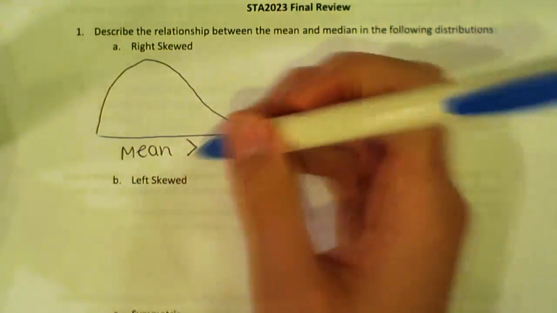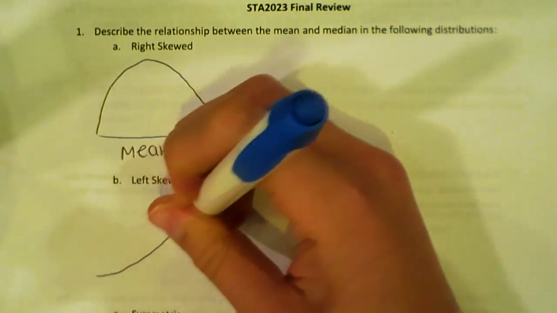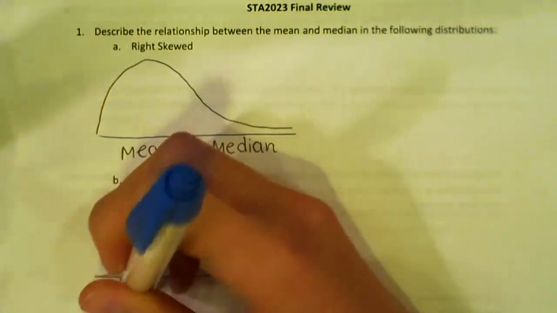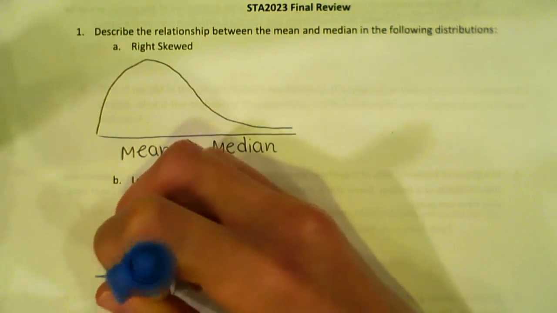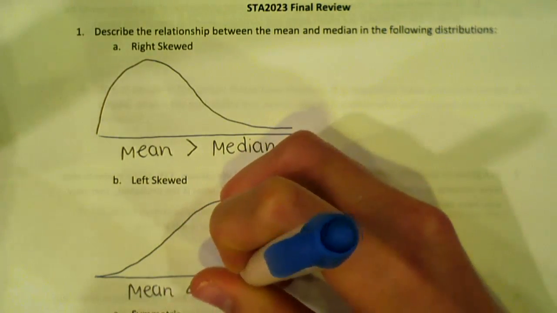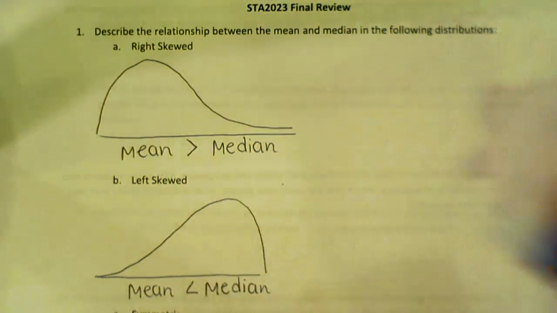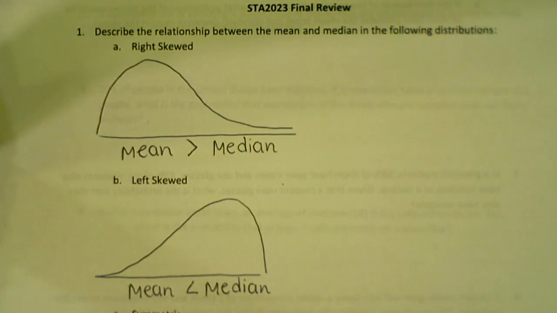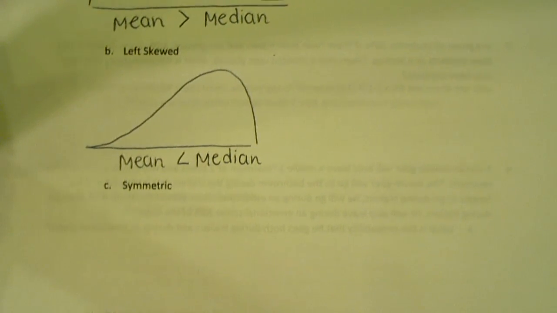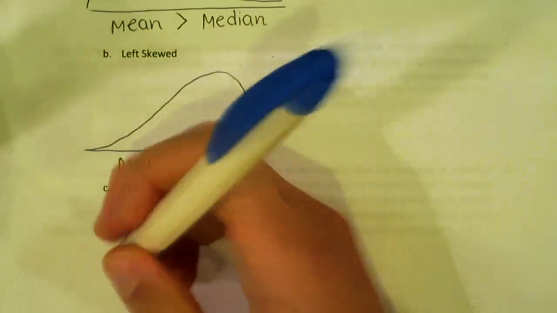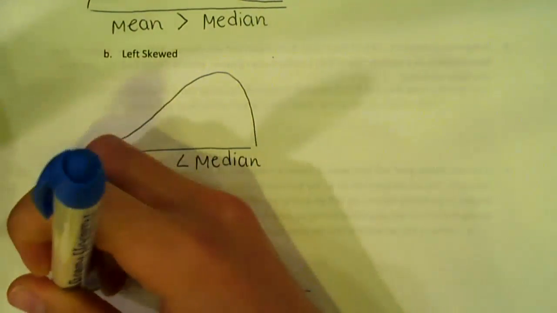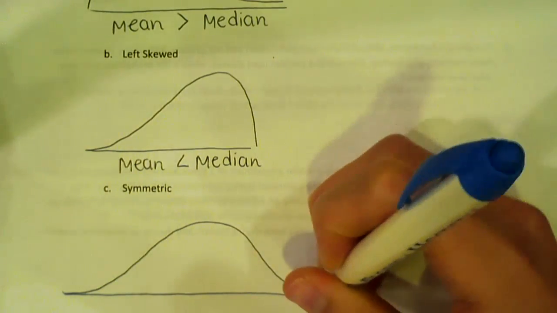And then left skewed is just the opposite. And then when we're looking at symmetric, we have this. It's like mound shape, bell curve, whatever you'd like to call it.